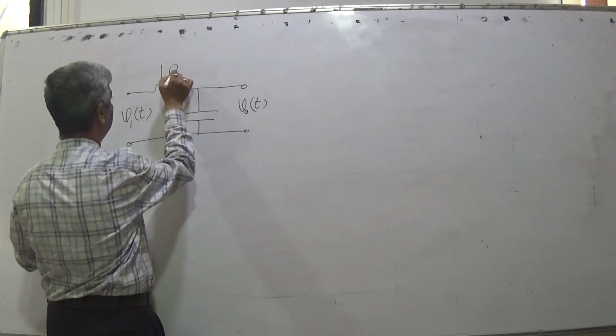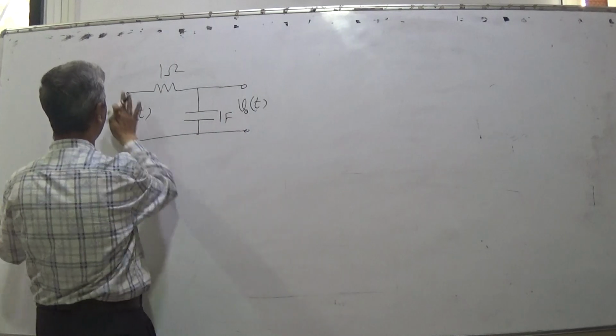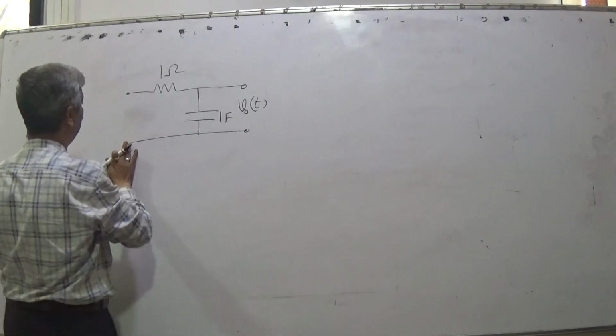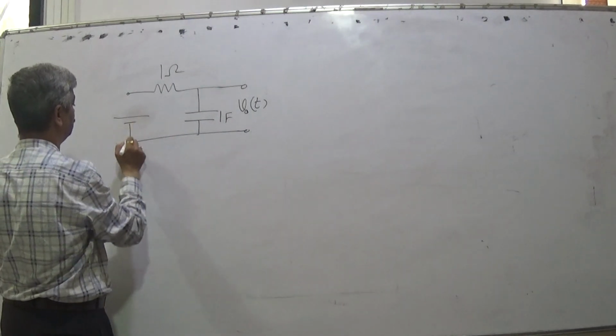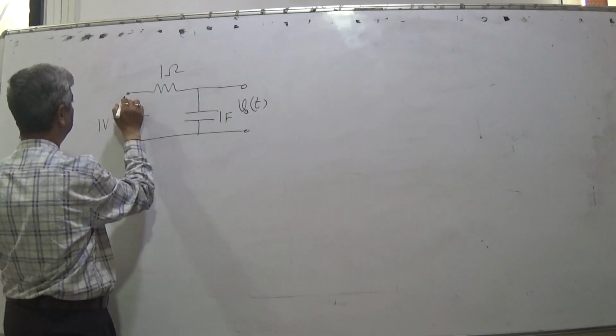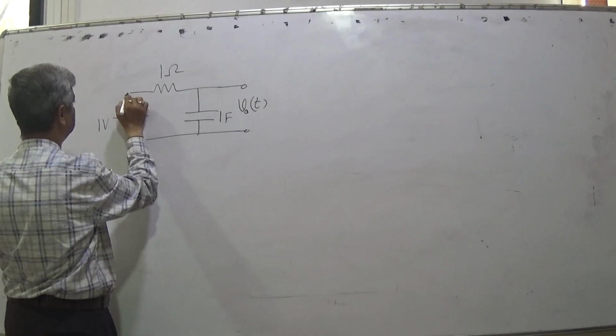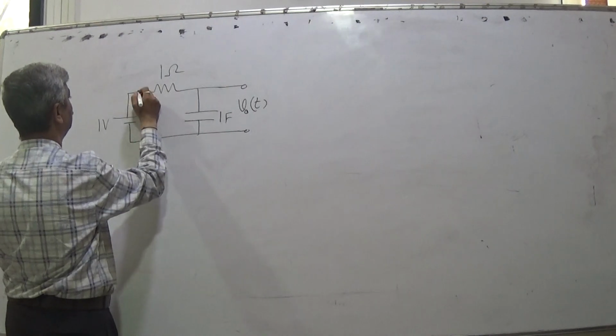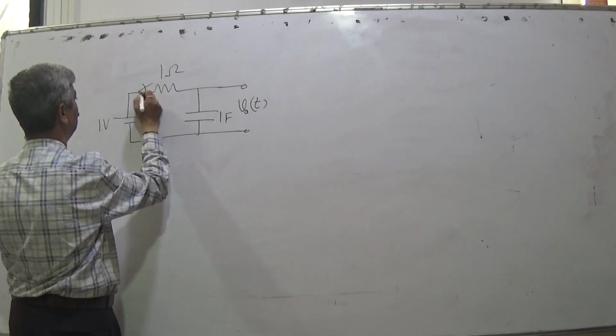1 ohm, 1 farad. And V in(t) also, what I do is we connect a 1 volt voltage source, 1 volt, this and this switch, which I put at t equal to 0.